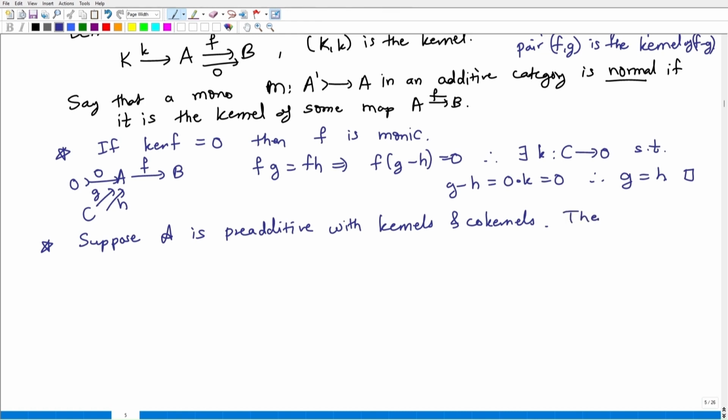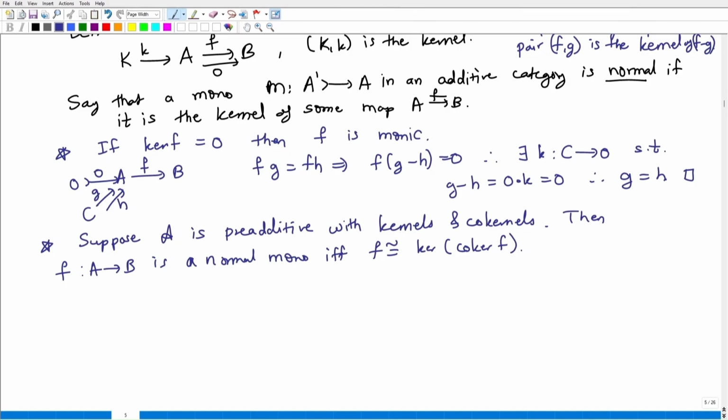Then F, a morphism from A to B, is a normal mono if and only if F is isomorphic to the kernel of its co-kernel.